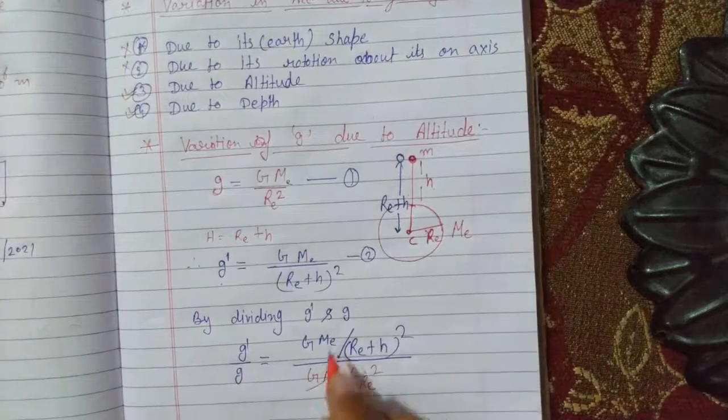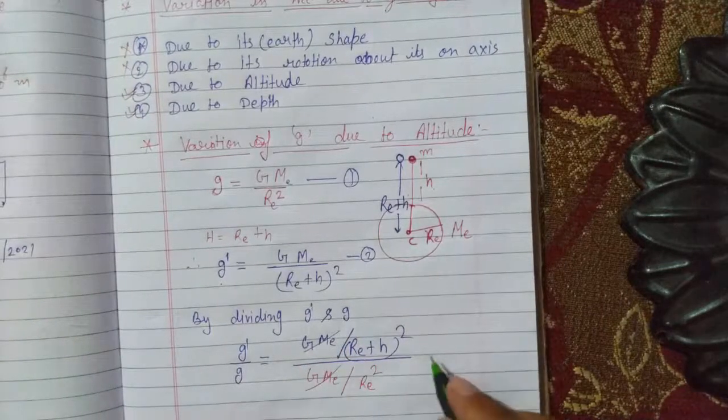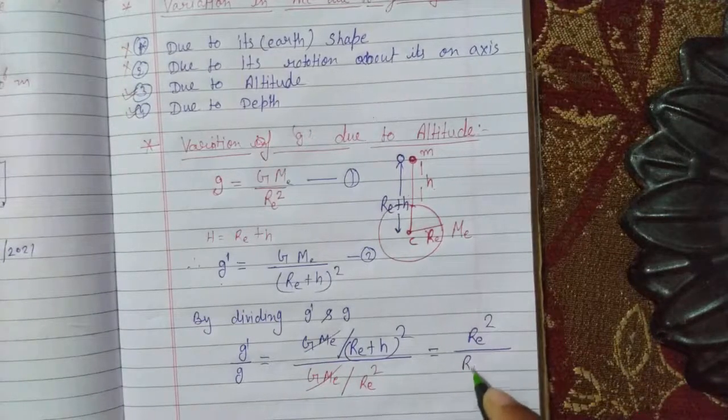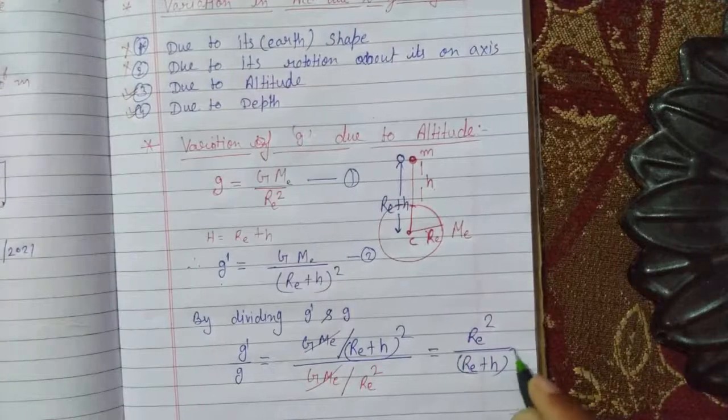Here GME cancels and we get RE square upon RE plus h whole square.